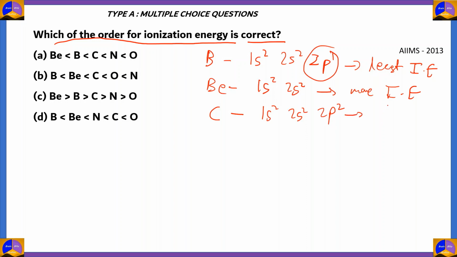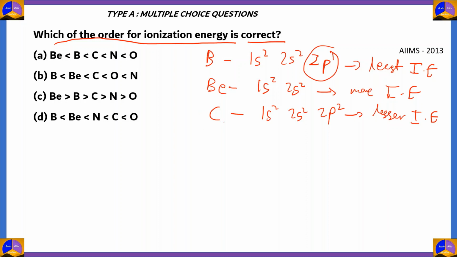So therefore, it has lesser ionization energy. However, it would not be as low as the ionization energy of boron. In boron, there's only 1 electron left in 2p, so it would have a tendency to lose the electron. But carbon has 2 electrons in 2p, so there would be a lesser tendency to remove those electrons.